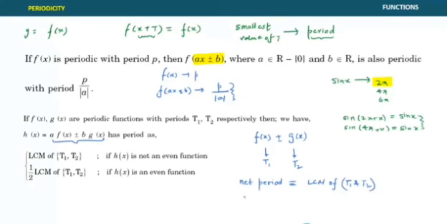And if this net function that you obtain becomes even, I'll also explain what is even, then the answer is 1 upon LCM of these two. Okay, don't worry, we'll just do it in the questions. I'm just revising the concepts for you.